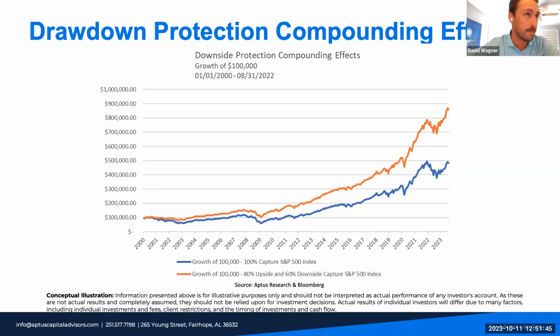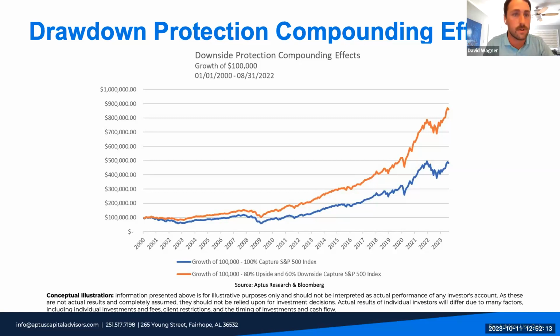I always like to show the proof is in the pudding, because I can give you my investment methodology from a qualitative standpoint, but you have to look at it from a numerical standpoint also. And what this blue line is showing, it's the growth of $100,000 from January 1st, 2000 to August 31st, 2022. The blue line is showing if you had 100% capture of the S&P 500, that's 100% on the upside and 100% on the downside. Okay.